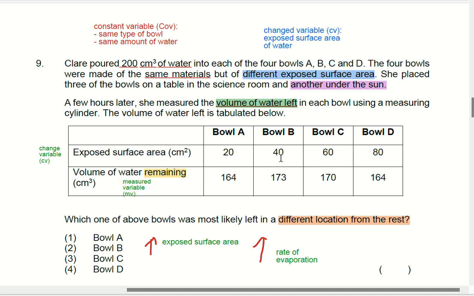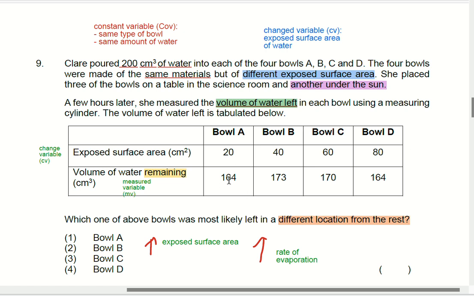As the exposed surface area increases, the volume of water remaining should be the least amount, because when the exposed surface area is at the greatest, the evaporation rate should be highest as well, because we know that this is one of the factors that affect our rate of evaporation.